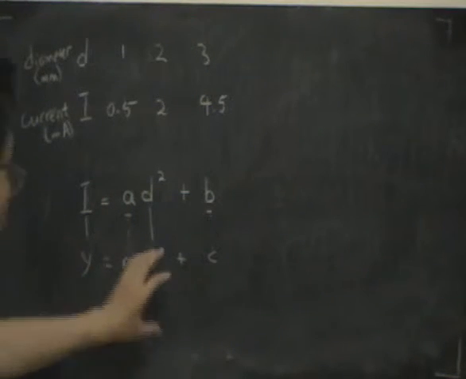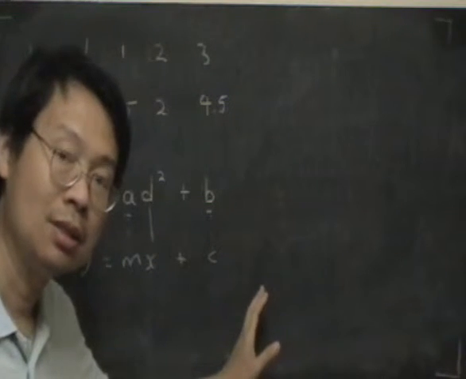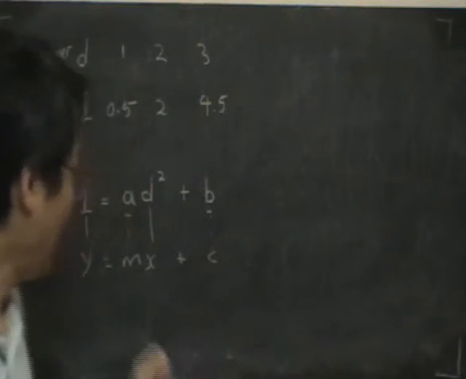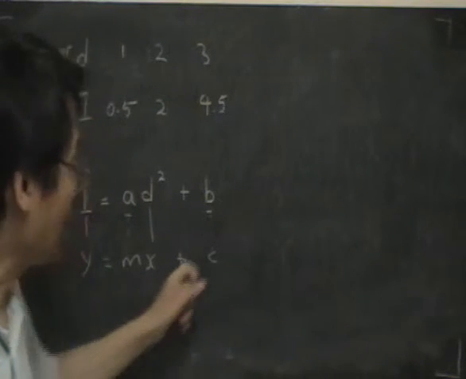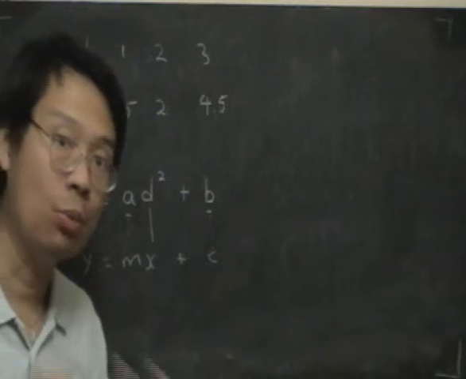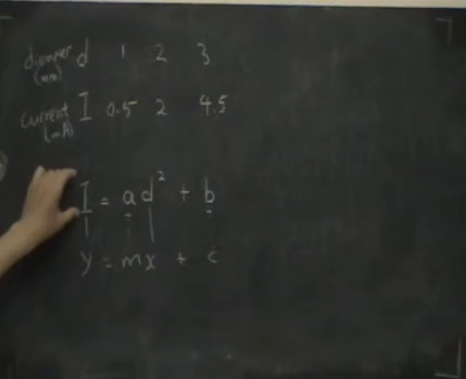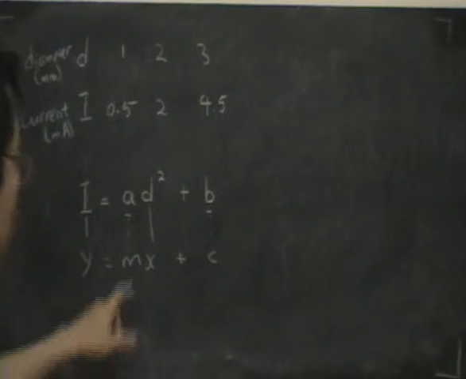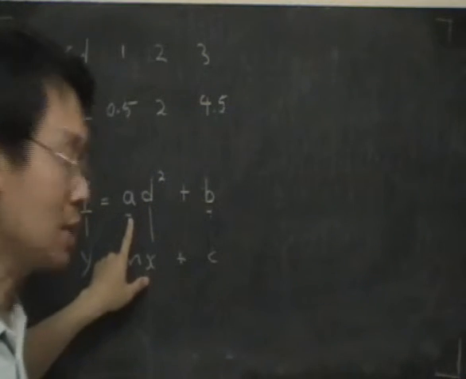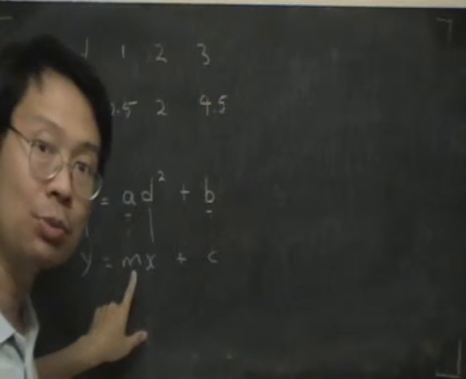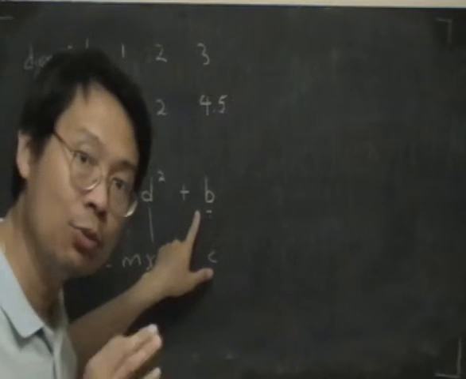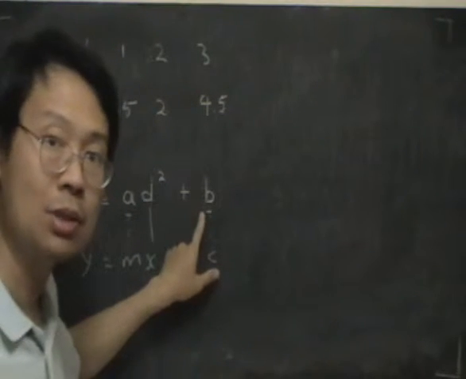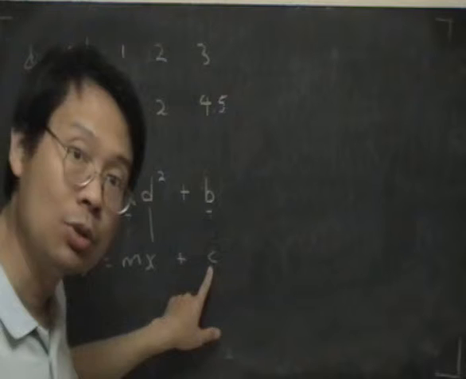Now I know how to find m and c if I have the graph for this straight line, because m here is the gradient and c there is the y-intercept. So therefore, if I plot I against d squared, I should get a straight line, and A would be the gradient because that corresponds to m, and B would be the y-intercept or the I-intercept because it corresponds to c.